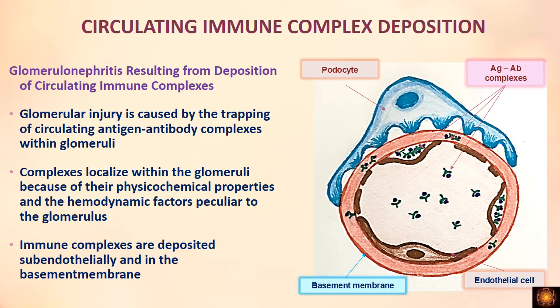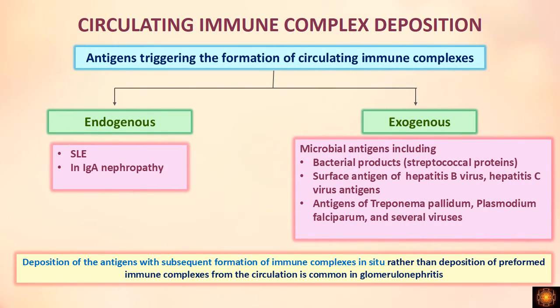Now in this again, the antigens which form the circulating immune complexes can be endogenous antigens and exogenous antigens. Endogenous antigens which form the antigen antibody complexes are, as we see, in systemic lupus erythematosus and in IgA nephropathy, whereas the exogenous antigens are the microbial antigens. So we can have some microbial products, bacterial products, or viral products to which the antibodies are formed, and we have antigen antibody complexes formed in the circulation.